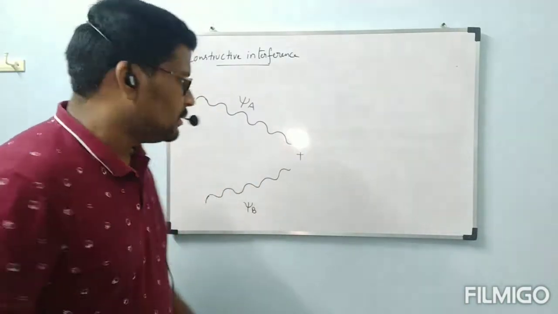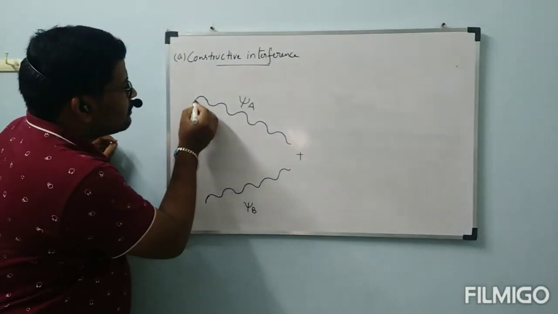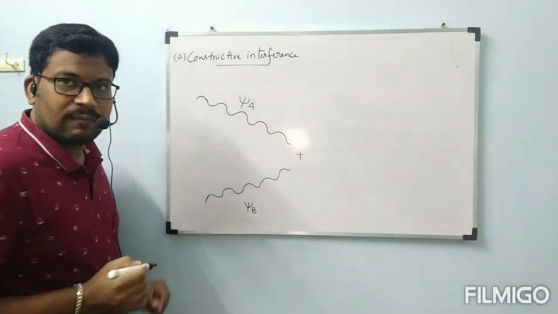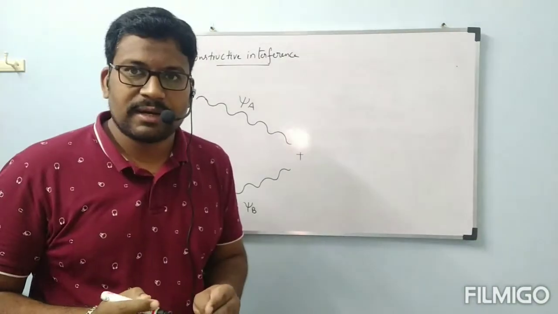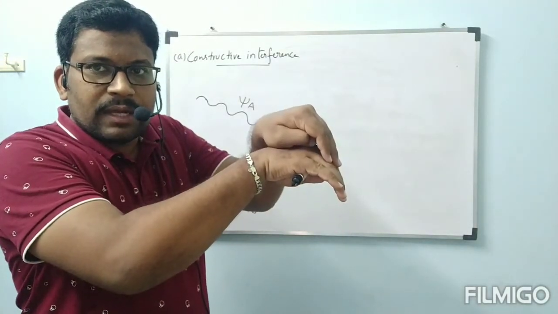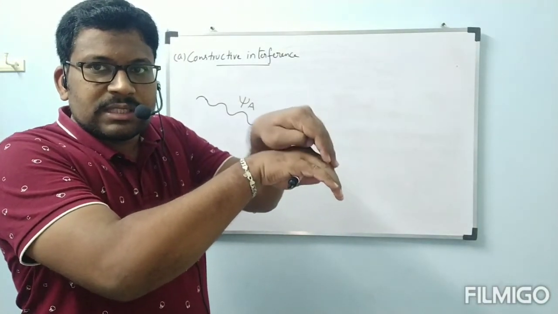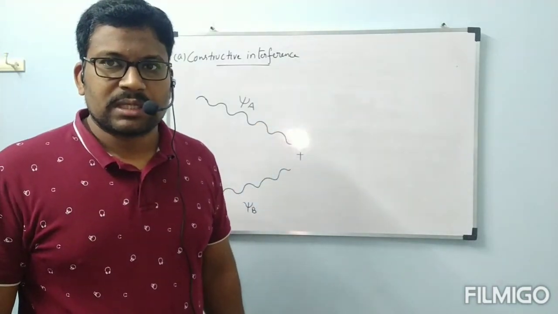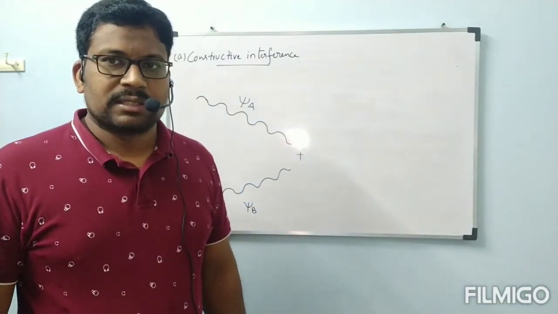Once again, when the crest of one wave and the crest of another wave are exactly overlapped, like this, that process is called constructive interference.